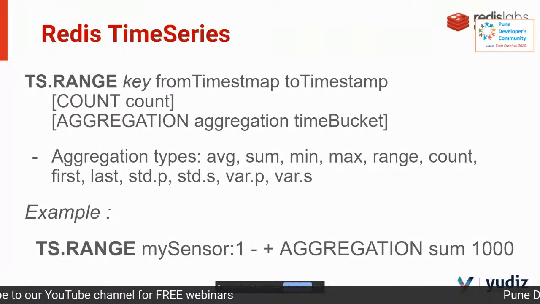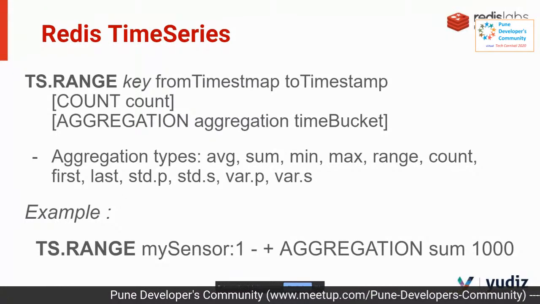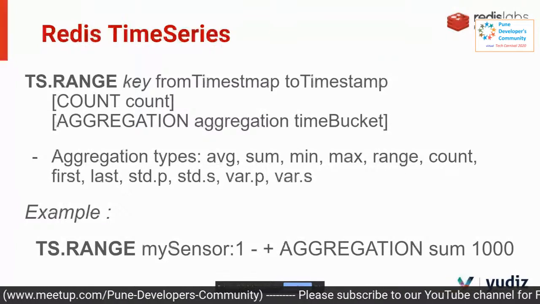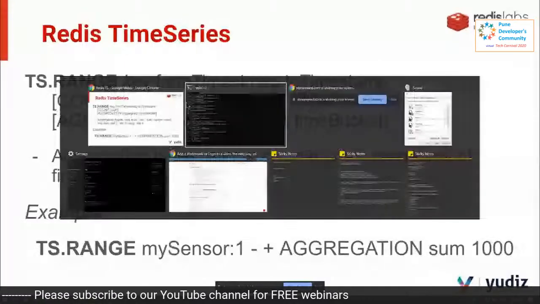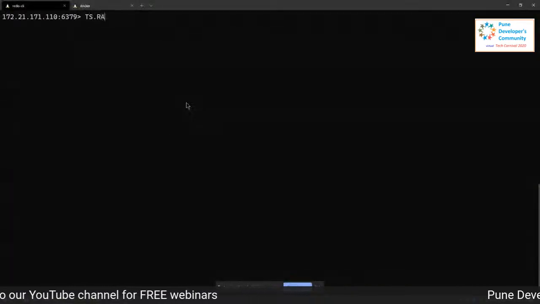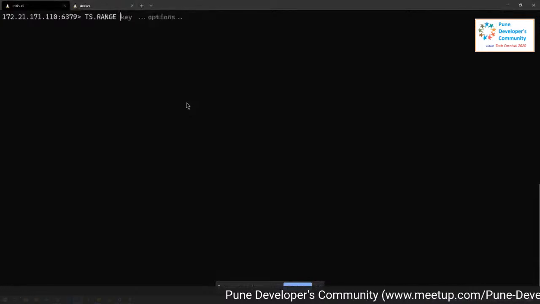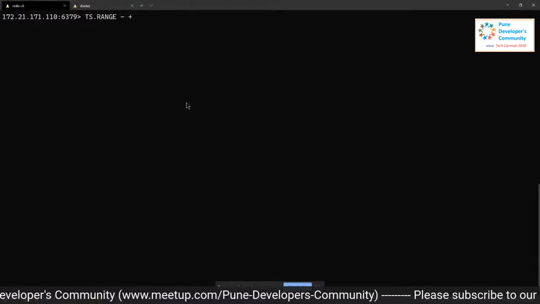And with aggregation we can have the response in an aggregated manner, like I want the sum of all my values in the specified time buckets. Here we will see ts.range. For the timestamps, minus is the start and plus is the end.